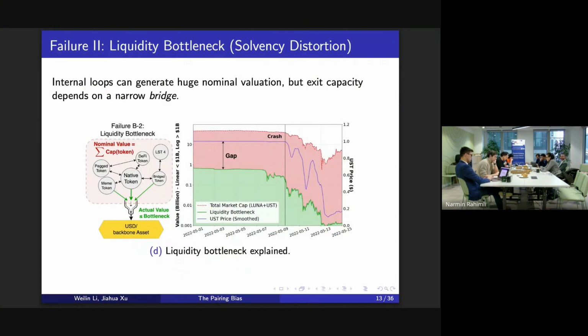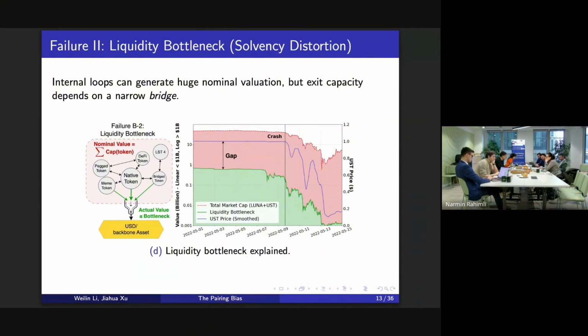And the second failure is that when you have a very deep DeFi stack, there's a term called DeFi Lego, where you build the DeFi components as blocks, one layer on top of another layer. In such cases, while there may be a reported 10 billion or 100 billion USD value, when people really want to exit the system, the exit capacity is restricted by the bottleneck.